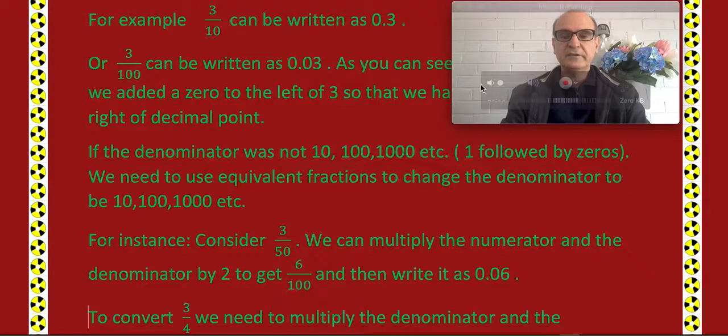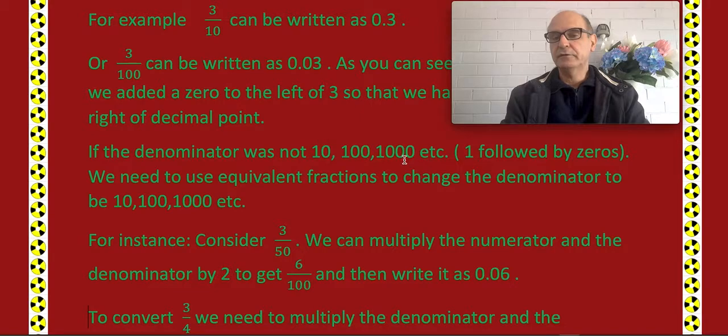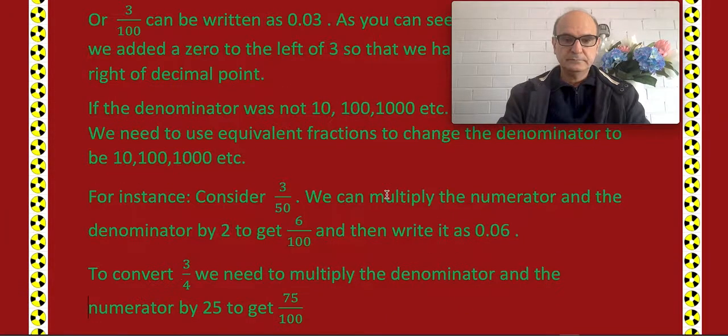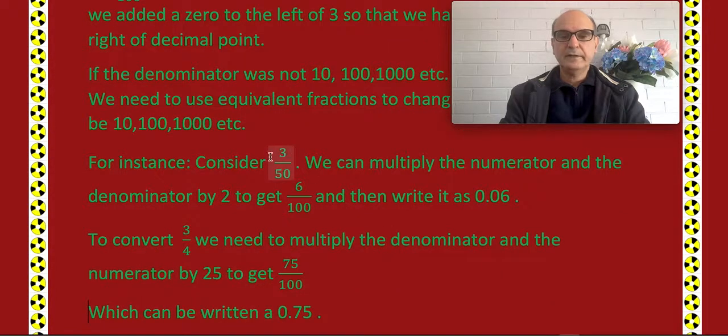So this is the case if our denominator is a power of 10: 10, 100, 1000, etc. But let's look at an example like 3/50. We don't have the case that we had before, where you had 1 in the denominator followed by zeros.